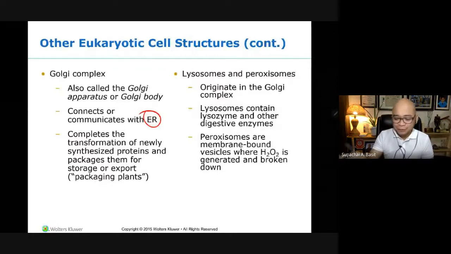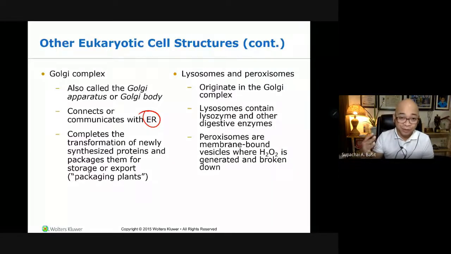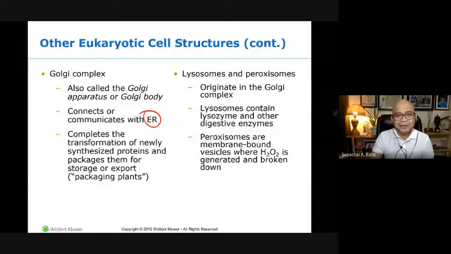So aside from that, we also have the lysosomes and peroxisomes. The lysosomes and peroxisomes have actually originated from the Golgi complex. Lysosomes contain hydrolytic enzymes and other digestive enzymes.